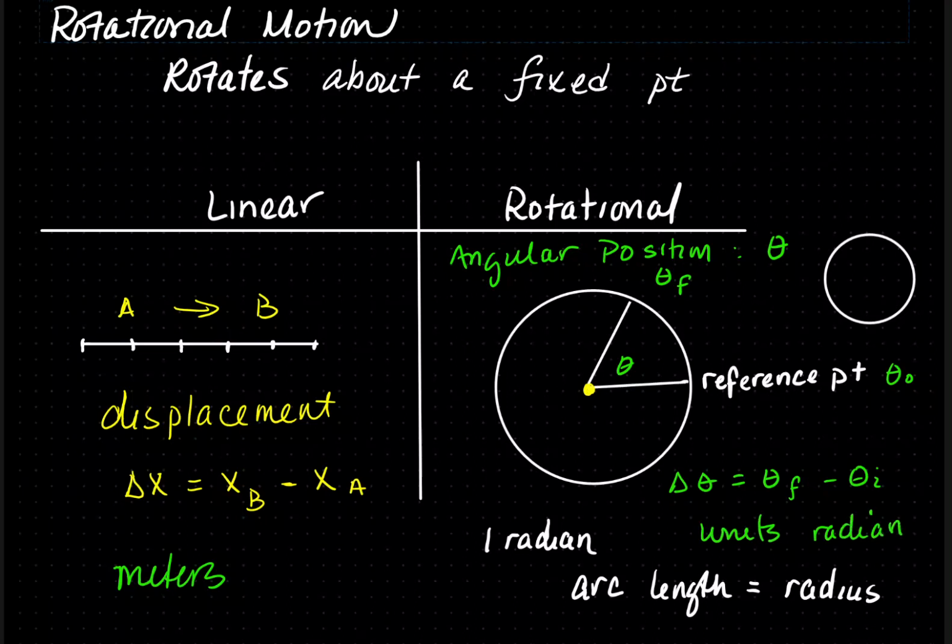So what is a radian? In math, it is defined as when the arc length is equal to the radius.